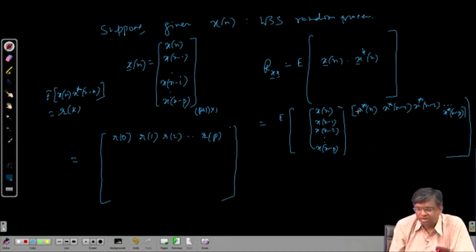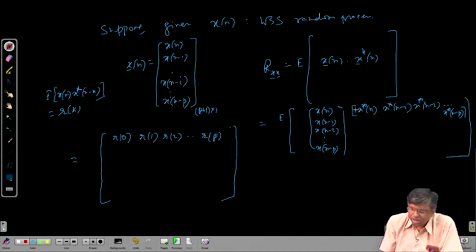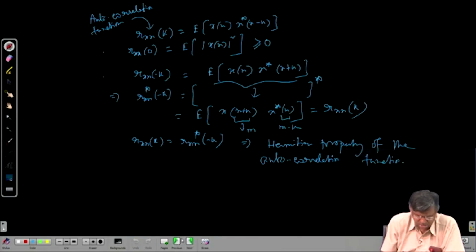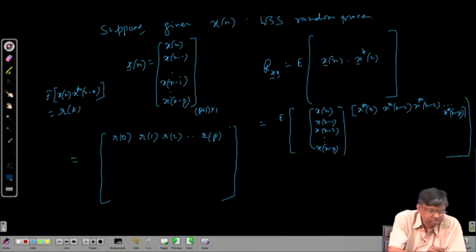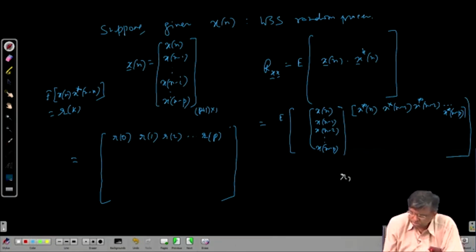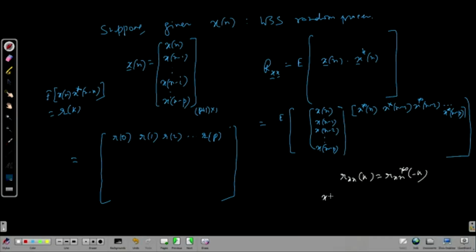Now, x n minus 1 x star n, what will it be? If you call the index m, then n is m plus 1, so this is m plus 1, meaning n minus 1 is m. We have already seen in the previous page the Hermitian property: Rxx of k and Rxx star of minus k are the same. So now we have x n minus 1 x star n, E of that.